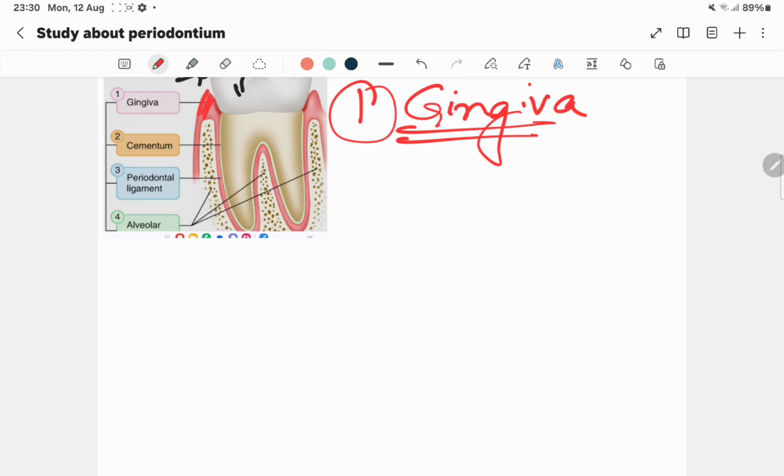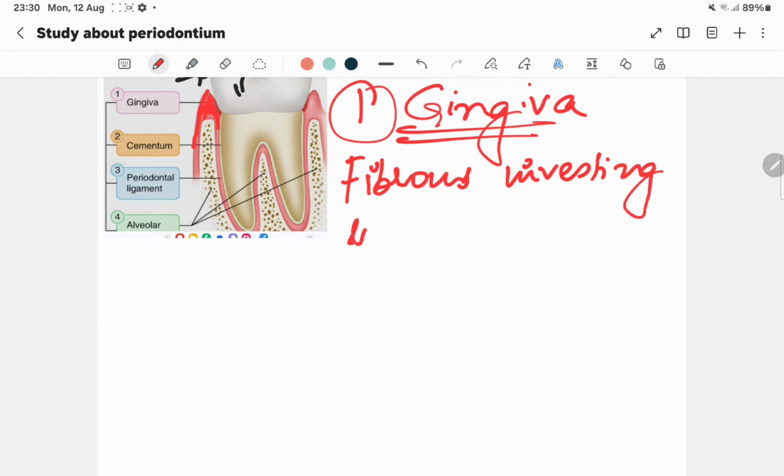Basically, this tissue is quite fibrous, and it is an investing tissue because it is covering all these areas. Fibrous investing tissues which is covered by keratinized epithelium.